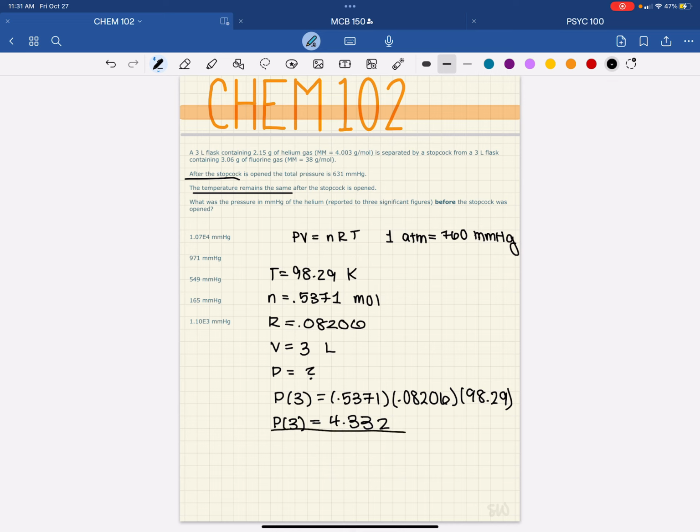Then I'm going to divide by the volume to get the pressure. P equals 1.444 ATM, but I'm not quite done yet because our question asked for it in millimeters of mercury. So then I'm going to multiply 1.444 by 760, which is equal to 1097, which in scientific notation is 1.1 E3, giving us this answer.